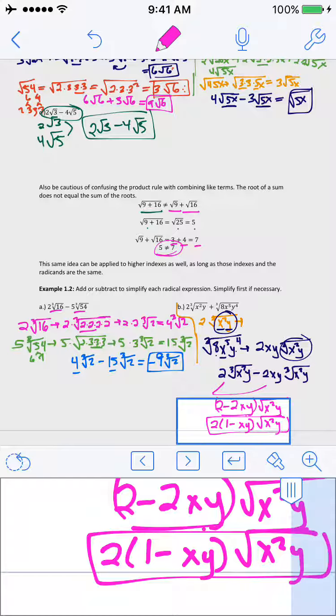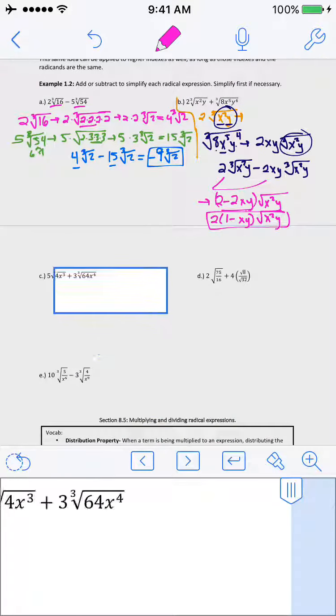And that's okay. It doesn't have to look like anything. I just don't want to use improper rules to make it look like something. So if this was an answer or this was an answer, in my book, either one is okay. Actually, no, I take that back. It doesn't matter what it looks like. It matters that it's simplified. Alrighty, let's keep going.